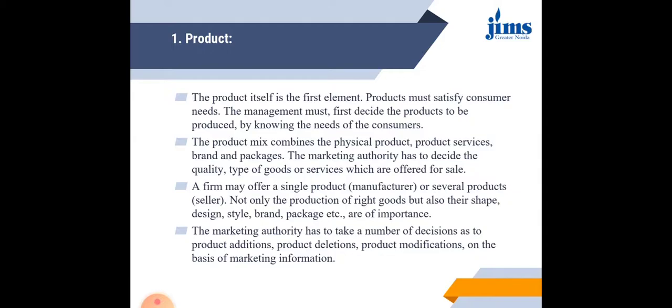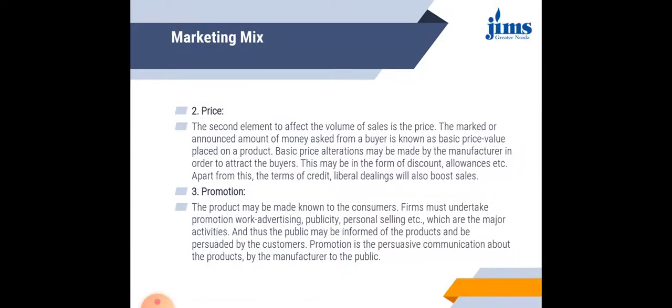Okay, and then let's move on to the second P, that is the price. This is the second element of marketing mix, which affects the volume of sales. The marked or announced amount of money asked from a buyer is known as the basic price value placed on a product. So basically here the organization has to think about what price I am going to charge my customers for the product or service I am selling in the market, right.